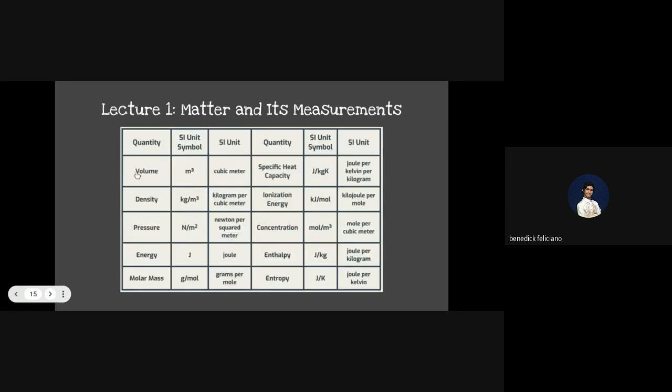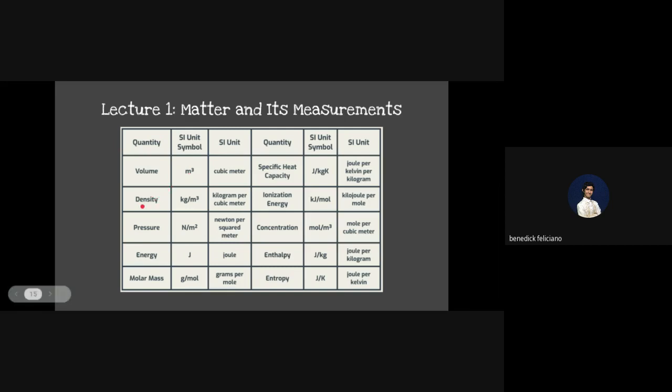So as you can see, these are some commonly used derived quantities in chemistry. For example, volume. Volume is actually derived because you are just multiplying three lengths. One length times one length times one length. So we have three lengths. So meter cube, cubic meter.